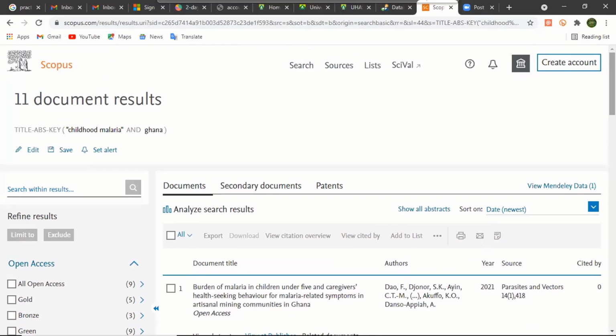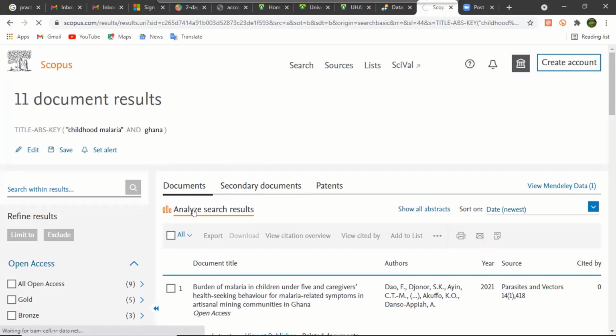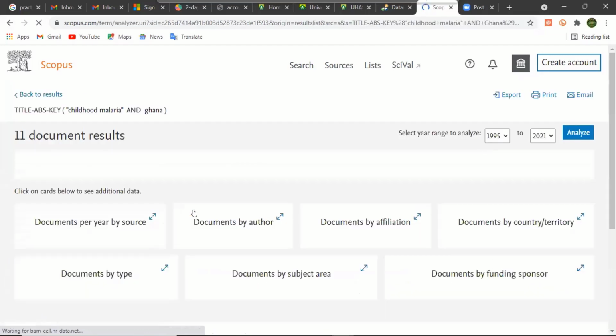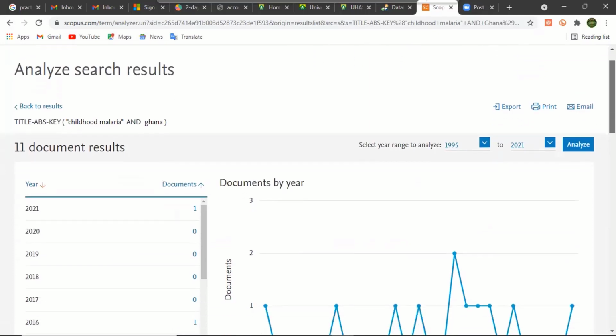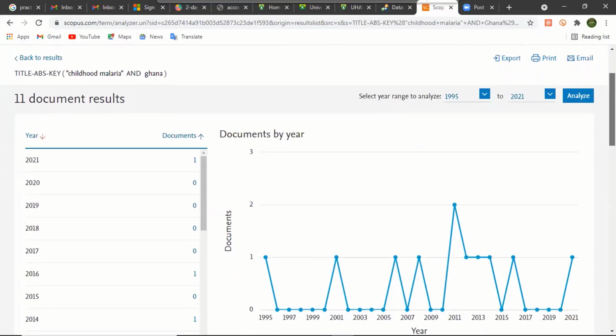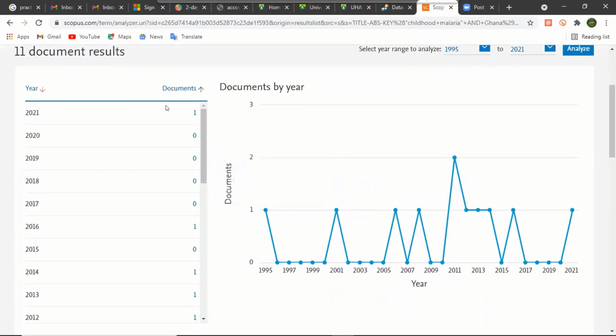So all I have to do at this point is just under the Documents tab, you can see here, Analyze Search Results. Analyze Search Results. I click on this so I can look at some metrics information, and you can see the various indicators that it is displaying. So it's giving me 11 results. First, it gives me the performance by year.